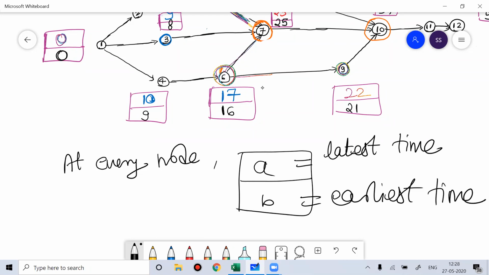You can see a rectangle where I fill the two data, top and bottom, where the top part is the latest time to do the work, and the bottom part is the earliest time to do the work.